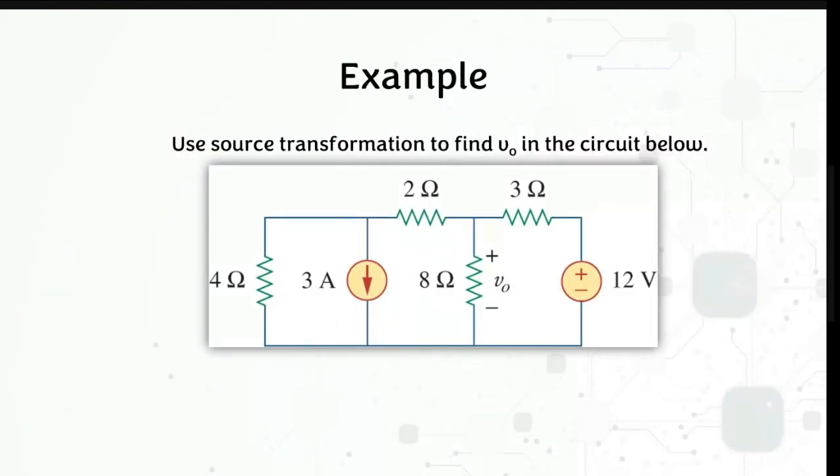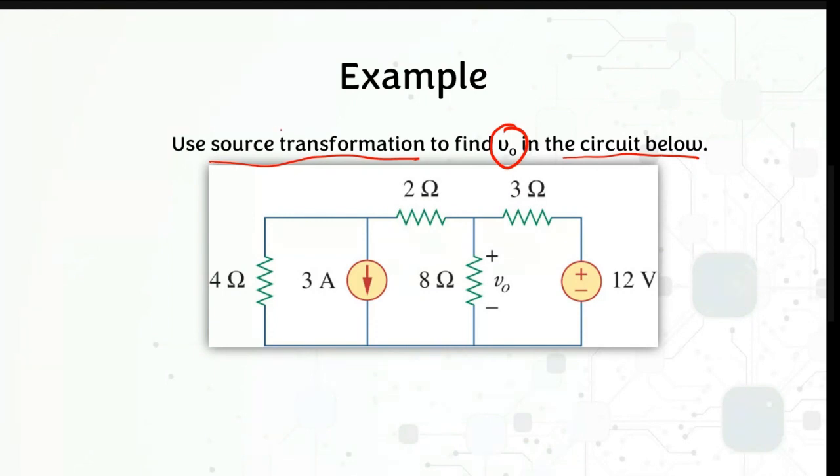All right, let's see this example. I think we have time to see this example because it is before 11. Use source transformation to find the value of V naught. You need to calculate V naught in the circuit below.